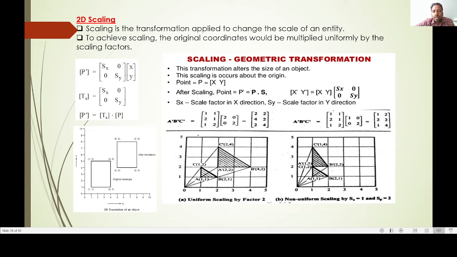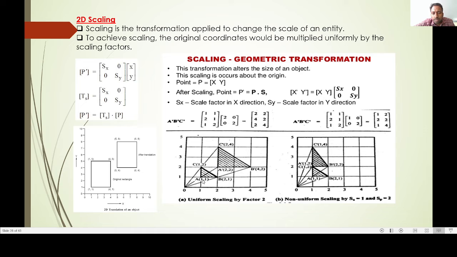For example, the initial points are (1, 1), (2, 1) and (1, 2). This triangle's points can be scaled by 2 units in the x direction and 2 units in the y direction. Find out the final points.